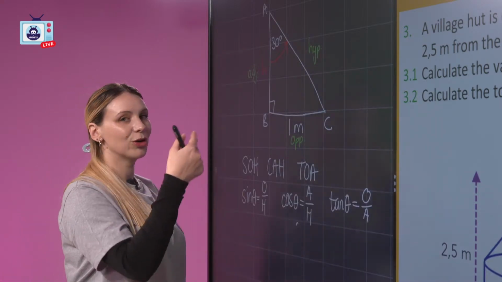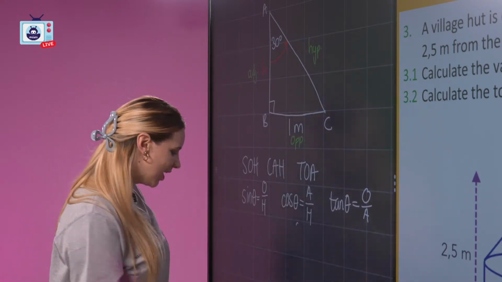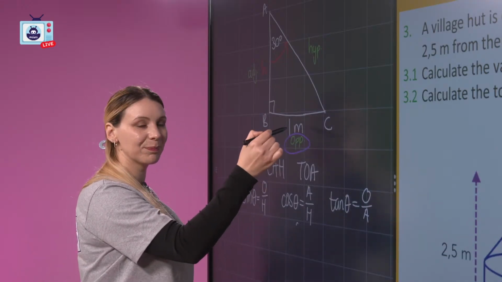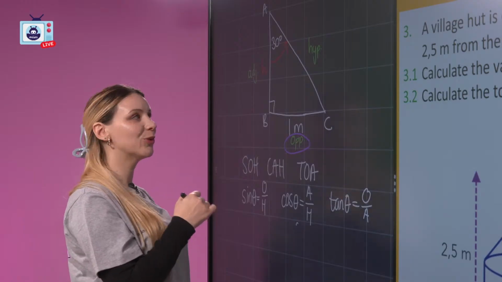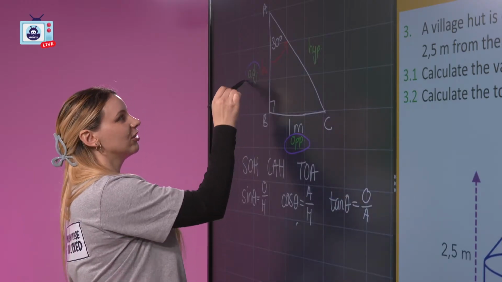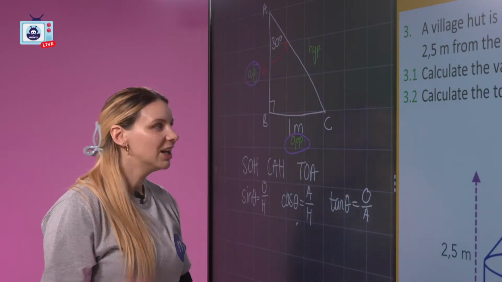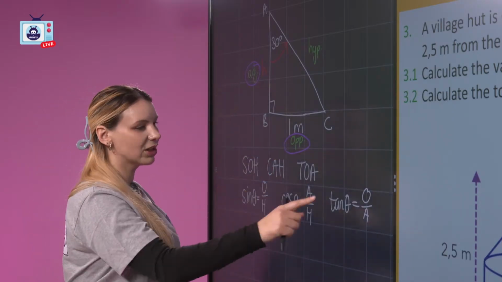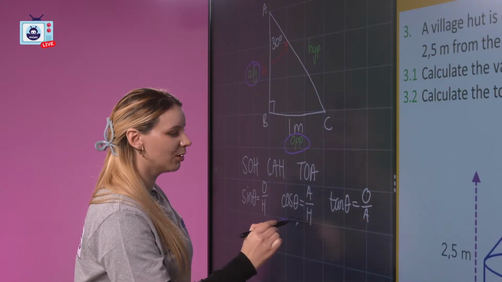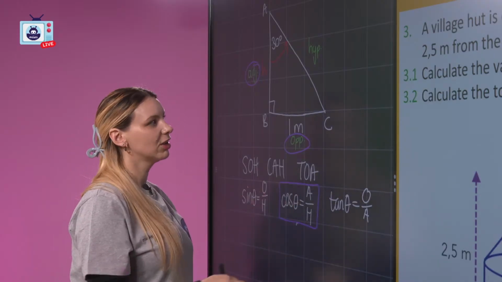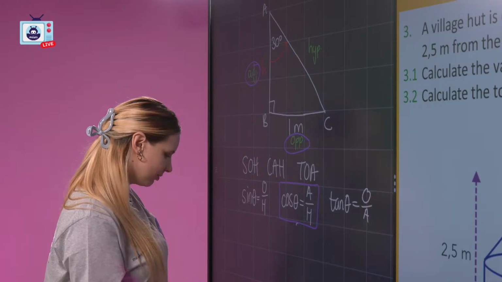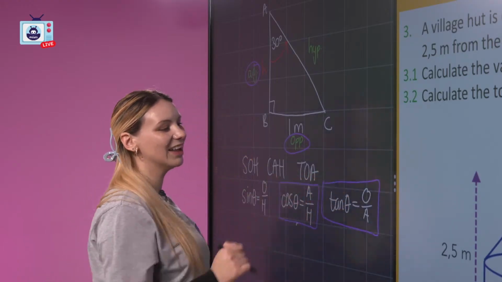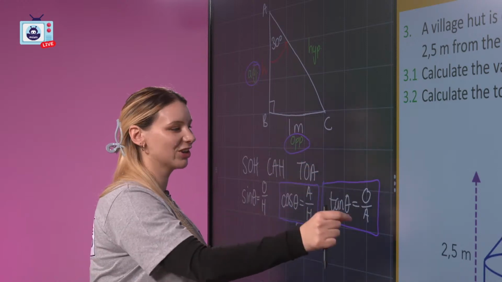So what do I have? What am I looking for? I have the opposite side, 1 meter, right? I'm looking for H, which is the adjacent side. If I'm looking for the adjacent side, and I have the opposite side, which trig ratio am I going to use? I'm going to use cos, because, not cos, whoopsie, I'm going to use tan. Tan is opposite and adjacent.